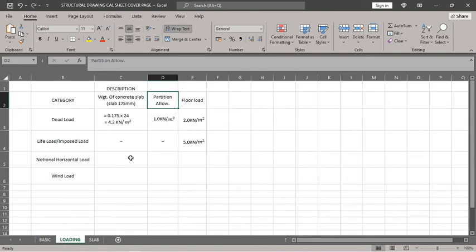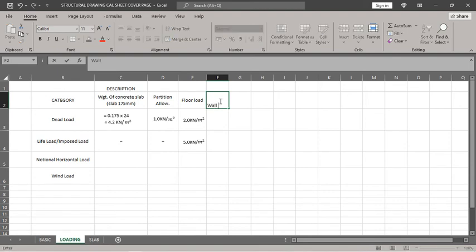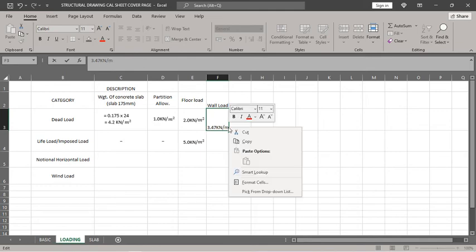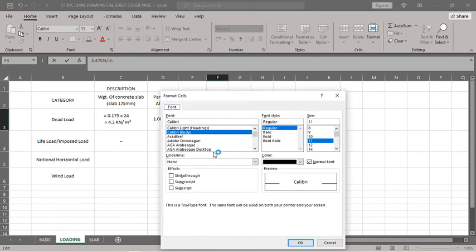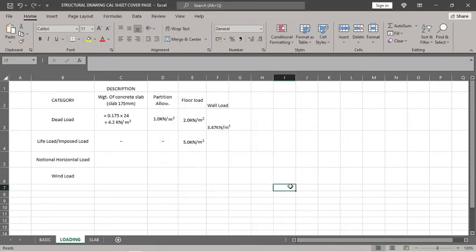Now I'm supposed to have wall load, the reason being that I have a cantilever, which will serve as dead load. I have 3.47 for that, so 3.47 kilonewton per meter squared. Hold on, so superscript per meter squared.